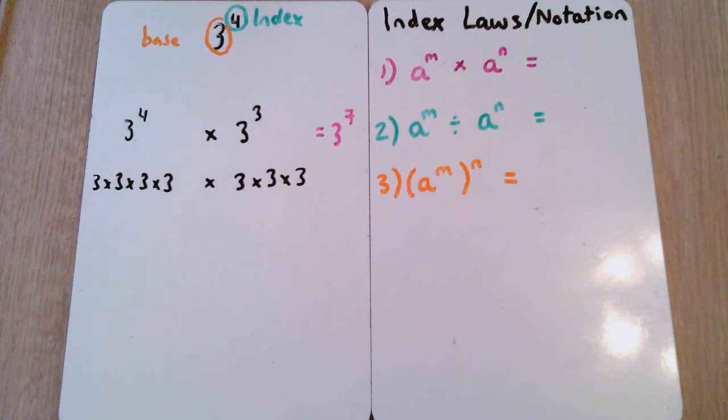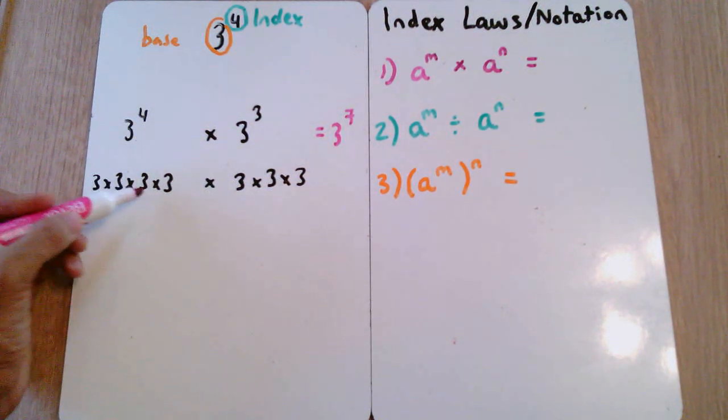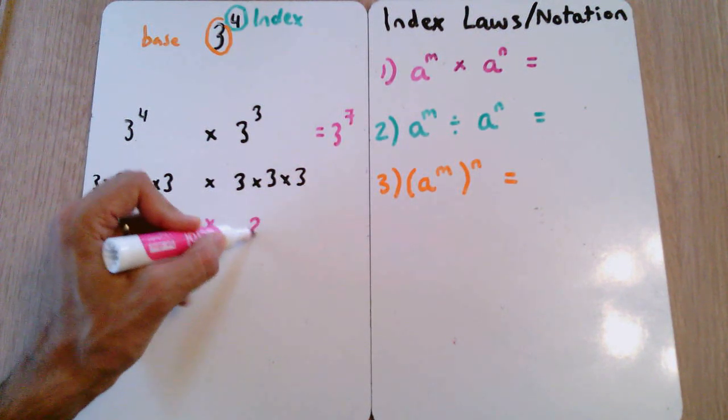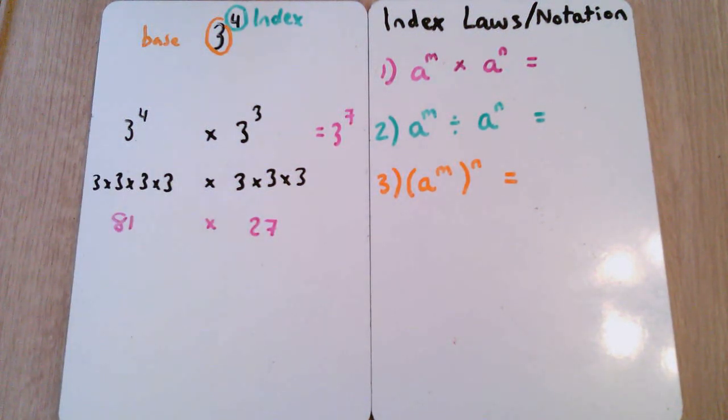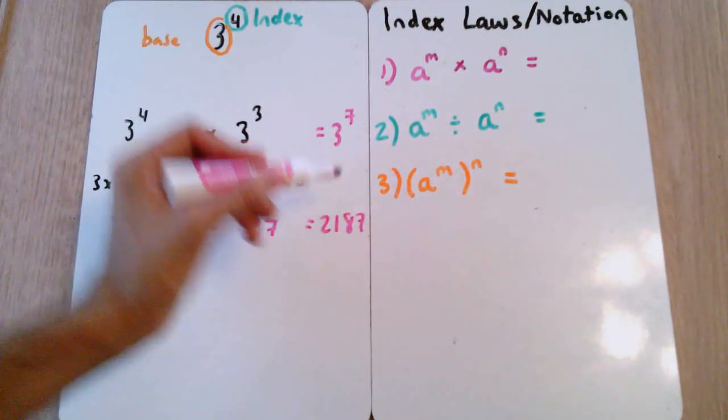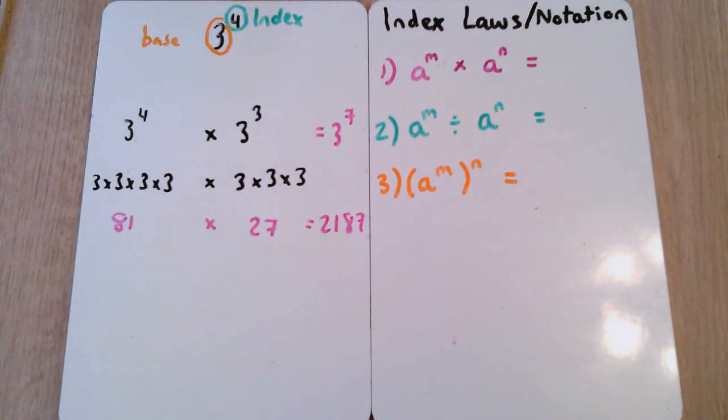I could also work this out if I wanted to. 3 times 3 times 3 times 3 is 81. 3 times 3 times 3 is 27. And if you multiply those values together, you get 2,187. But if this was a non-calculator question, that's quite challenging. All we need to understand here is that this has created seven 3s.